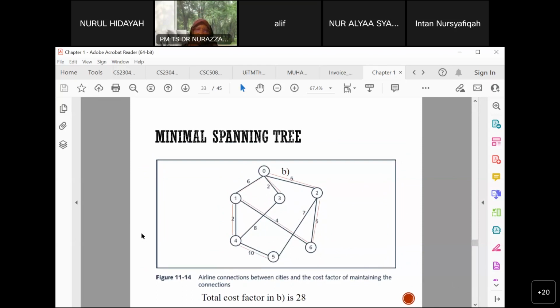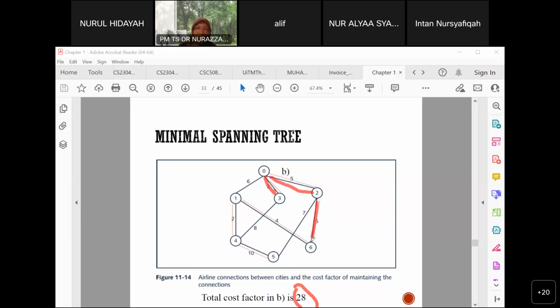Okay, yang kedua, contohnya you kena tanyalah, ada any other connection yang lebih kecil daripada 33. Okay, this one, dia select another connection, tetapi the total cost is 28, which is less than the first one. So yang ini lagi better lah, contohnya ya, lagi menjimatkan bagi that airline company.